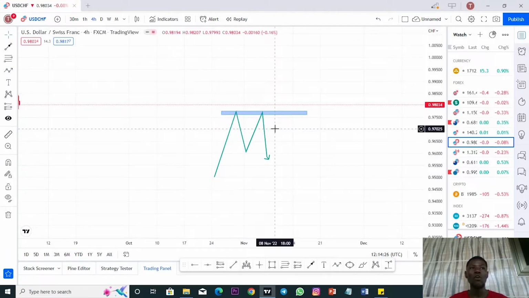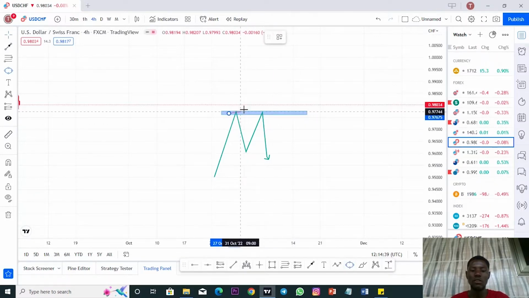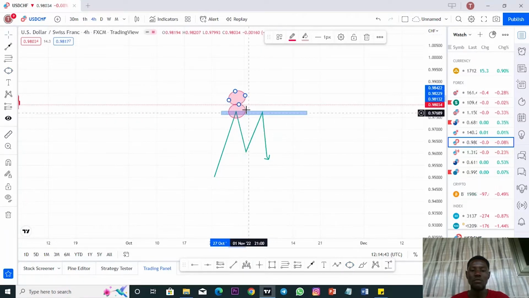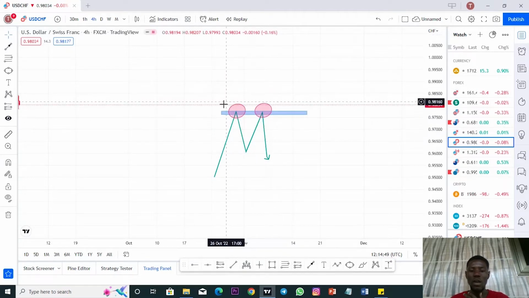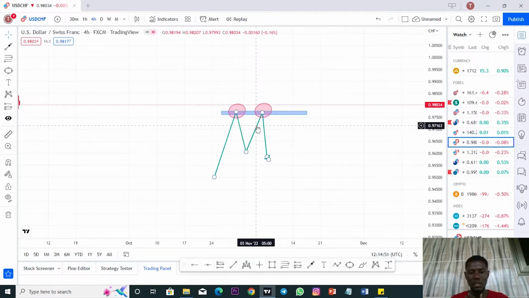Before we can say a double top pattern is formed, price has to reject it for the first time and reject it for the second time again.